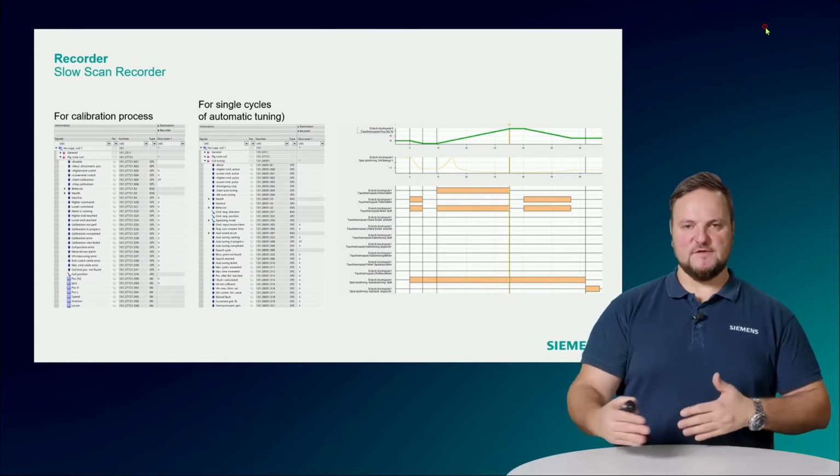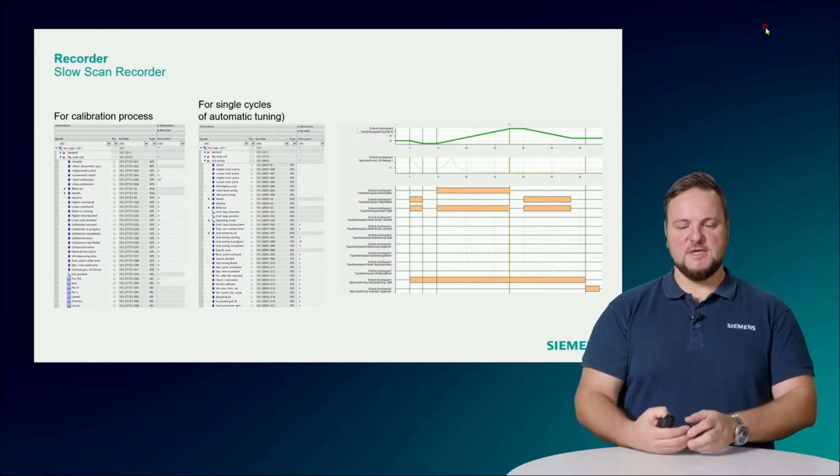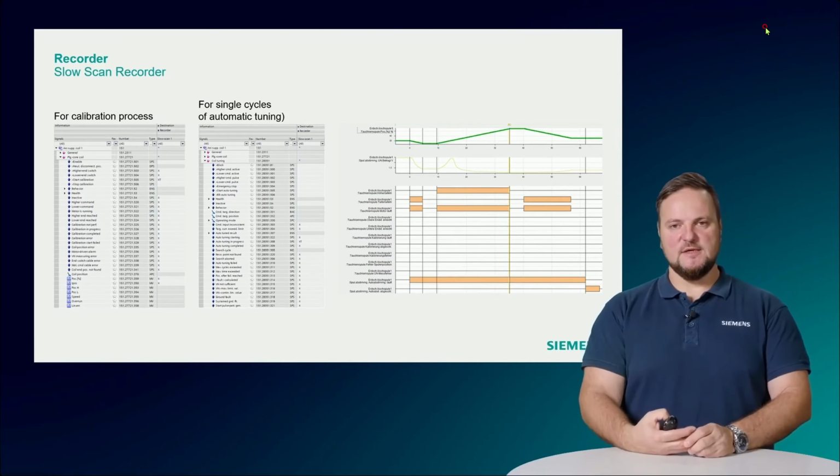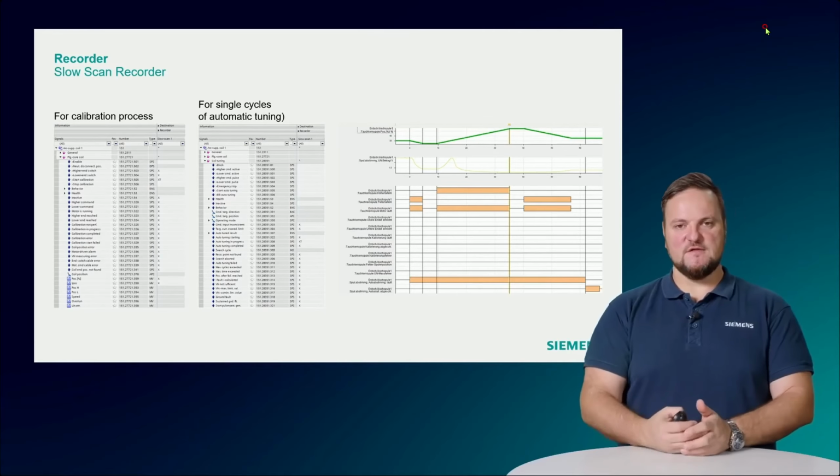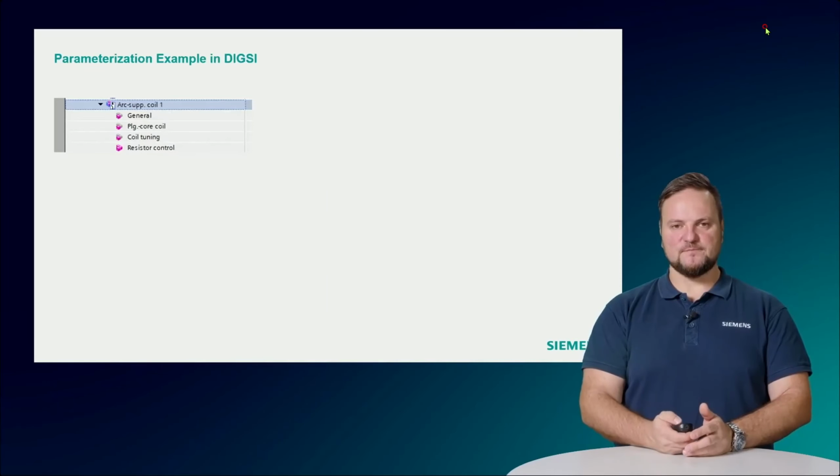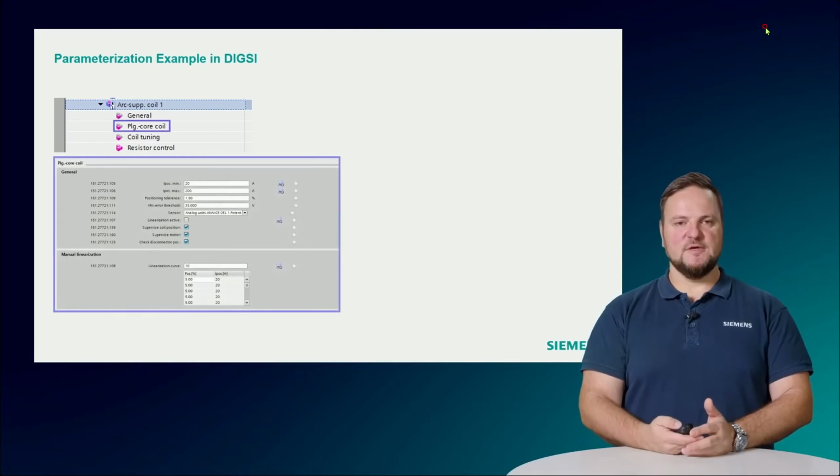For example, if the coil is stepping too much over the day, then you get some information out of the device about what has happened with the function and how the function is reacting to some grid changes, as Thomas was explaining before. So then we come to the easy parameterization, and here in one example in DIGSI, you see the arc suppression coil is a function group, as we have for protection functions, or similar to our voltage controller function.